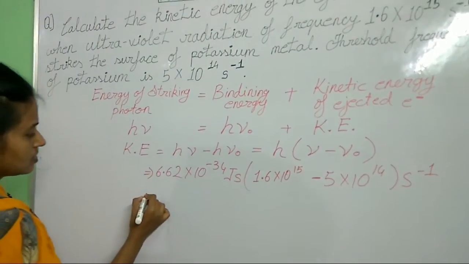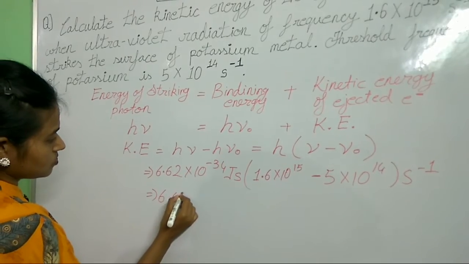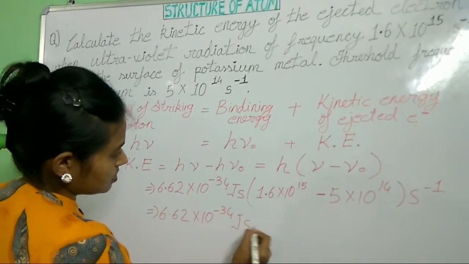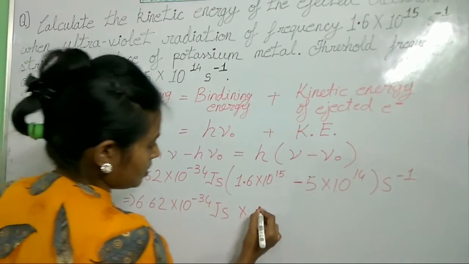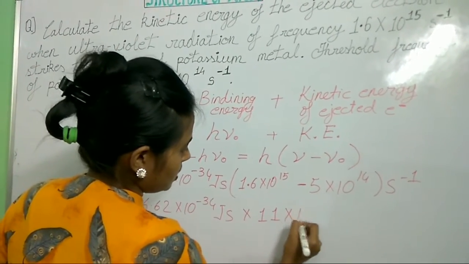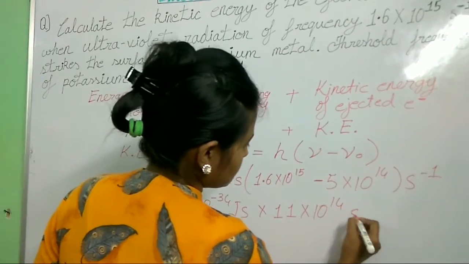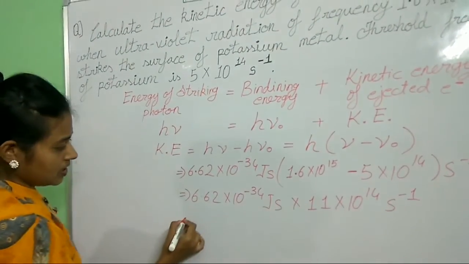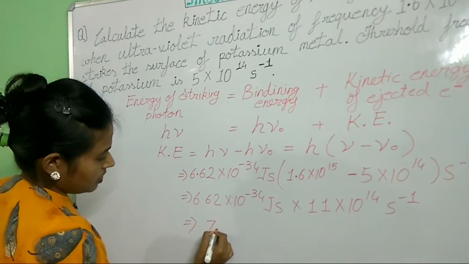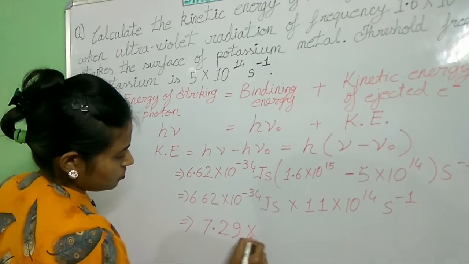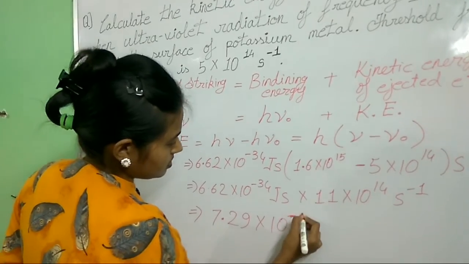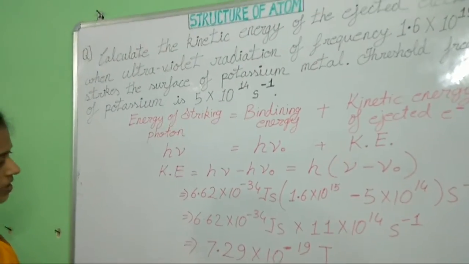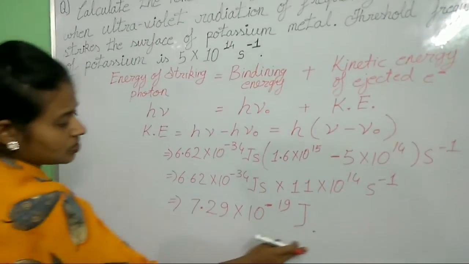Now, if we multiply this, how much we will get? 6.62 into 10 to the power minus 34 joule second, into 11 into 10 to the power 14 second minus 1. Now, if we multiply this, how much we will get? 7.29 into 10 to the power minus 19 joules. Okay, this is the kinetic energy of the photon.